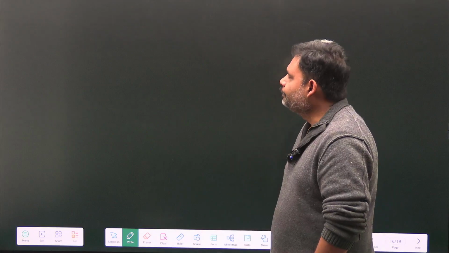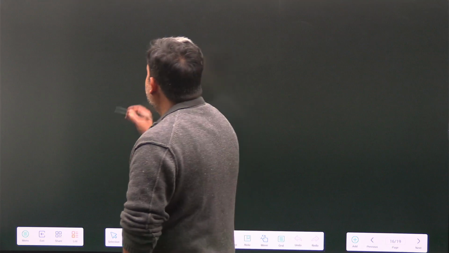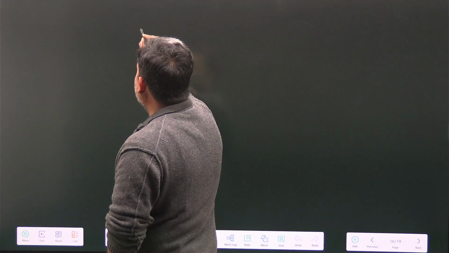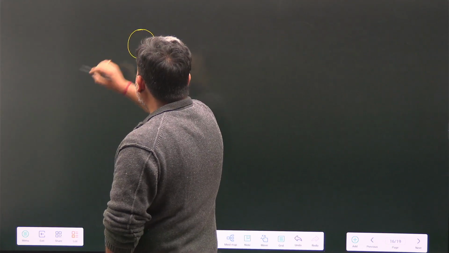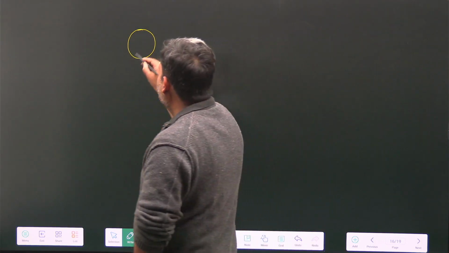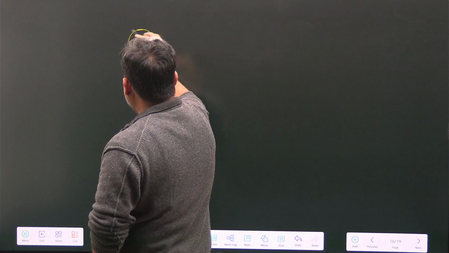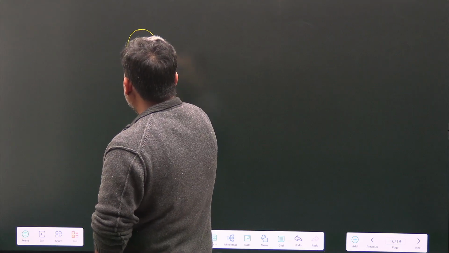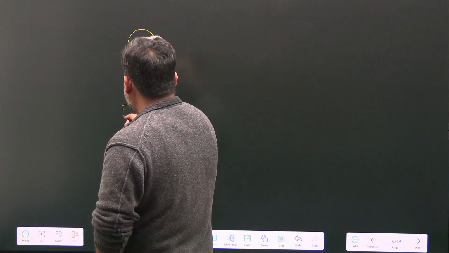Now look at this particular Atwood machine system, a pulley and mass system. Suppose there is a pulley, and I assume that this pulley is very small and has no mass.